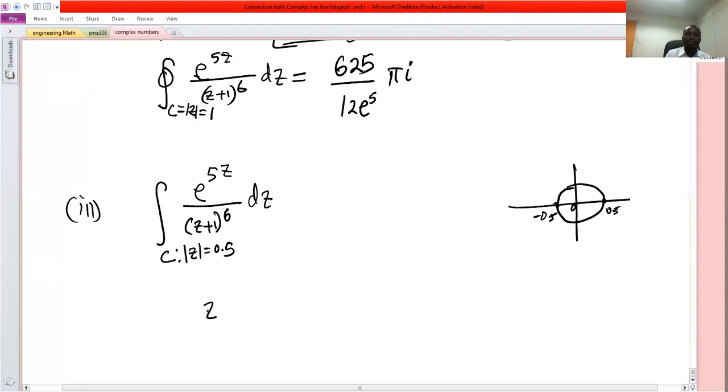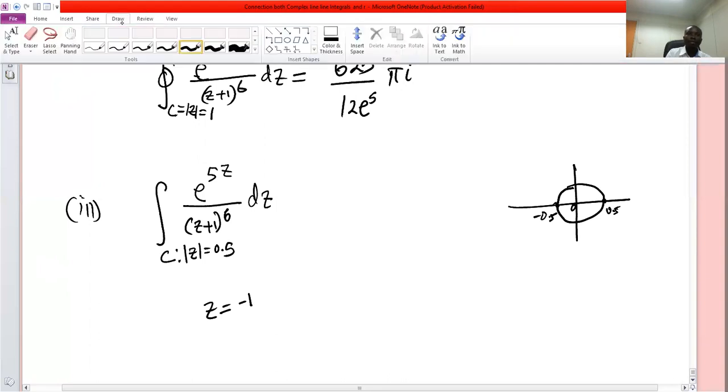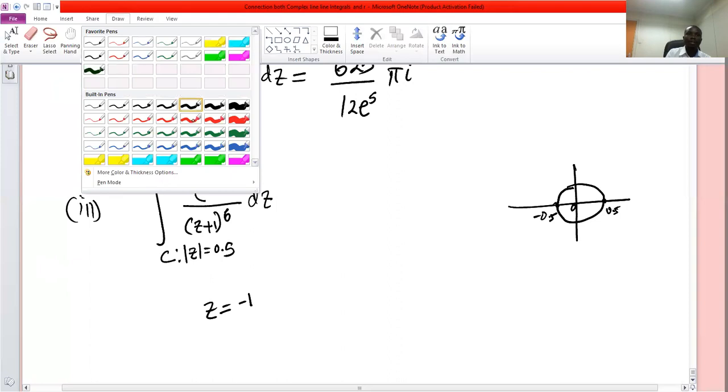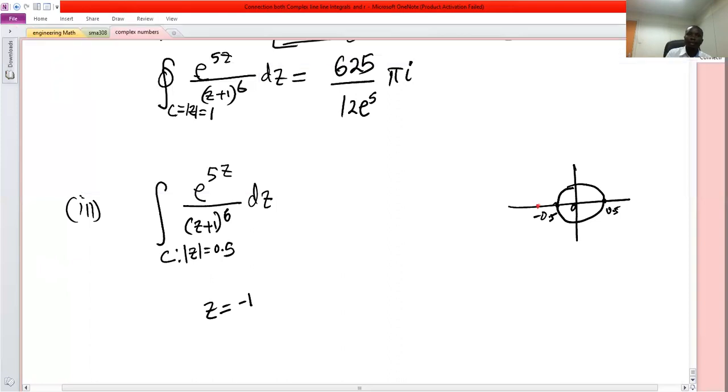Remember, our point for this problem is z equals -1. So if you try to plot that point, it will be a point somewhere here, which is outside the circle of radius 0.5 units. So whenever the point z equals a is outside the circle specified for C, then the integral is taken to be 0.